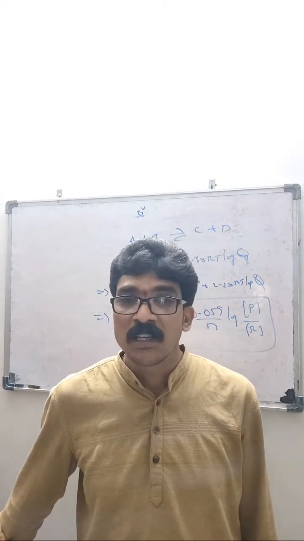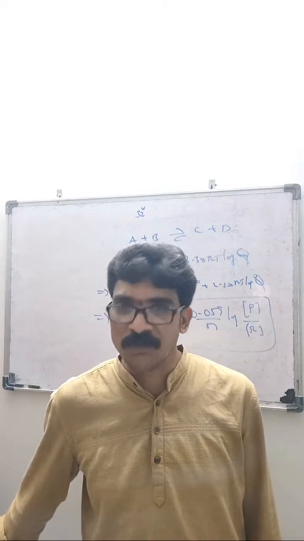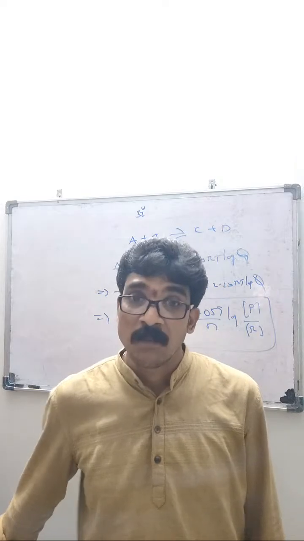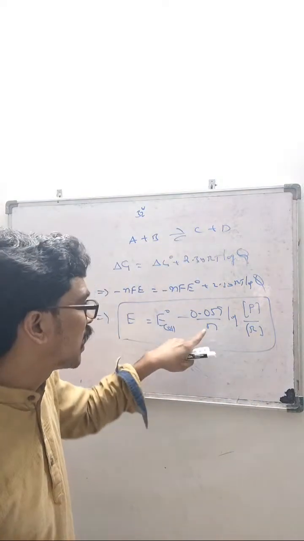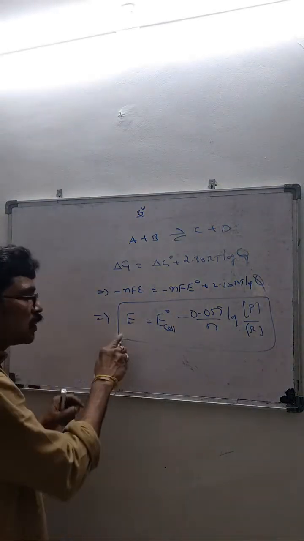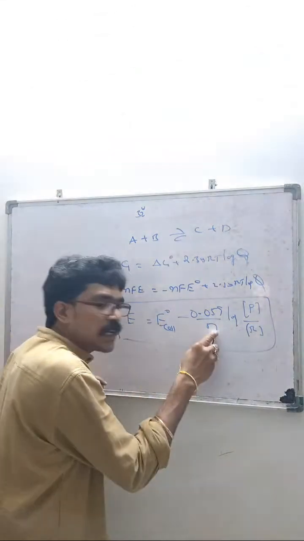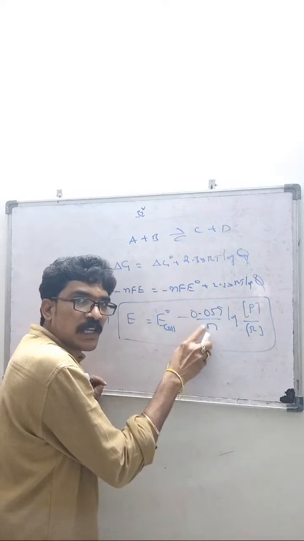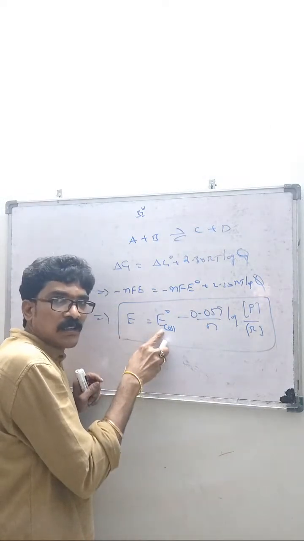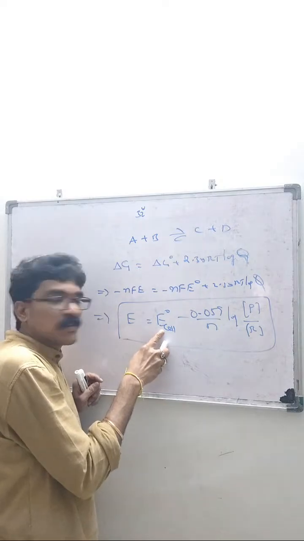E naught is a standard electrode potential, a fixed value for a particular metal ion conversion. But E will change with n. So E is equal to E naught minus the term with n: n changes E, but not E naught. Is that clear?